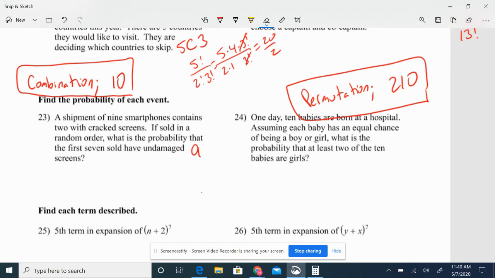I'm actually going to do 9 permutation 2. The order thing is how many from the 9 phones that I have. I'm looking at the 2 that are cracked, right? 9 permutation 2. So I'm just going to look at this as 9 factorial over 7 factorial. So that is 9 times 8 times 7 factorial over 7 factorial. So there's 72, right? 9 times 8 is 72. 72 possible ways I can do this.